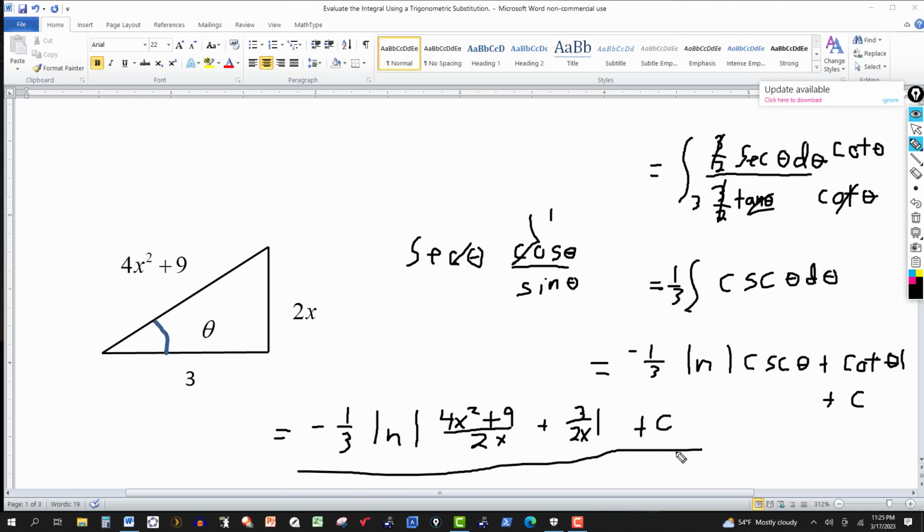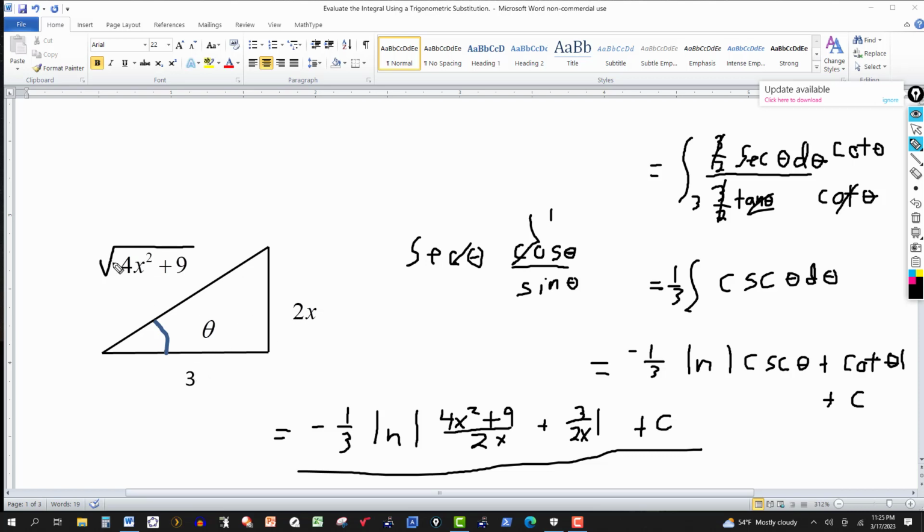This is your answer. Now, since we have the same denominator here, I could just write 4x squared. This is actually the square root here. You notice this is a right triangle, so the hypotenuse squared should equal the sum of the squares of the other two sides.